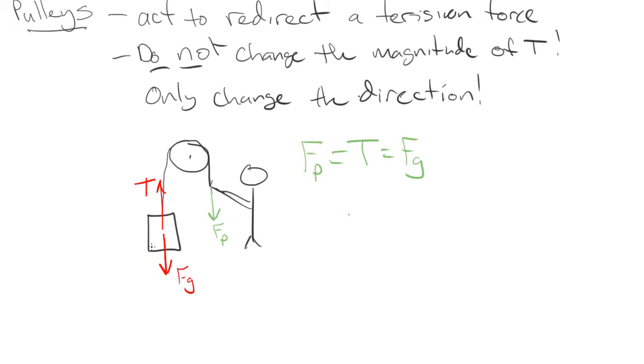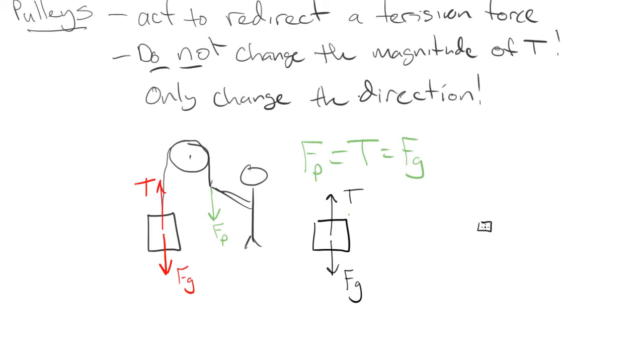Whenever you have multiple objects, you need to have multiple free body diagrams. So here we have one free body diagram on the block, tension, Fg. And then on the person, or the other end of the cable, you could have another one. Let's just do the person's hand, which we will represent by a small box. It's the force acting on the person's hand, sort of.